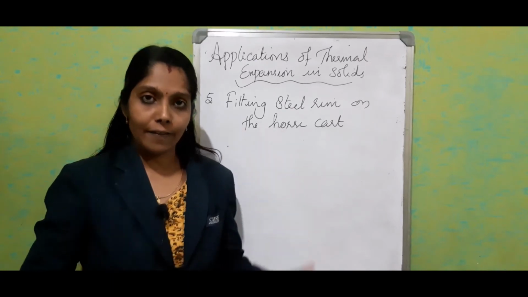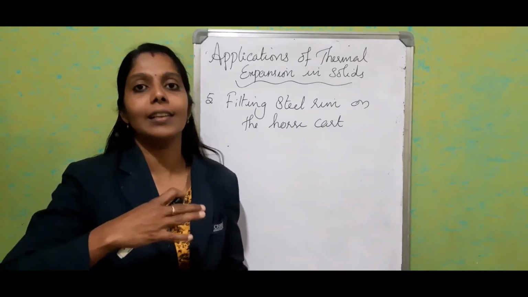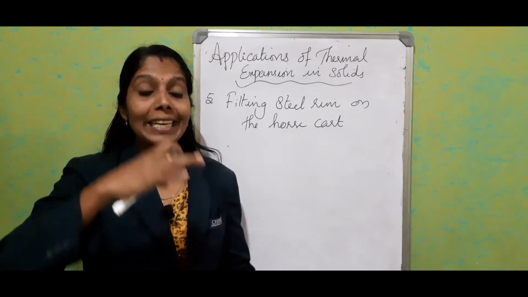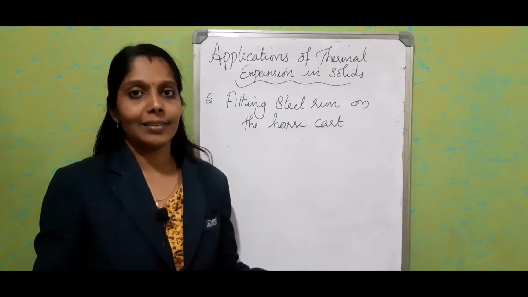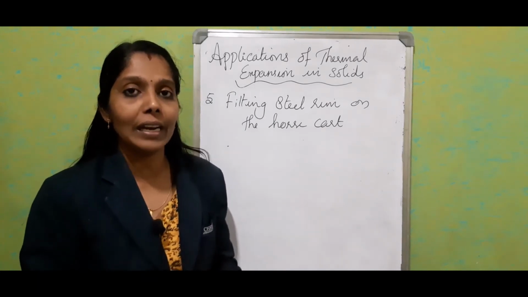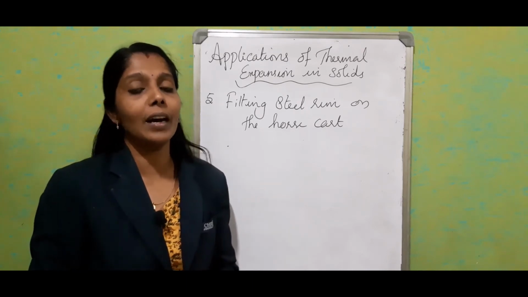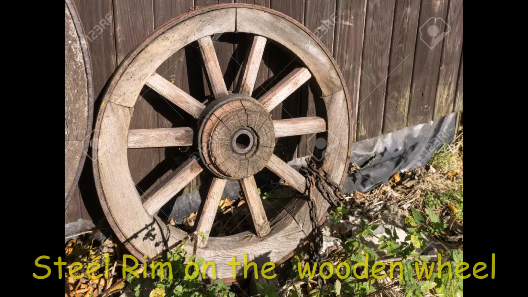So when it comes back to the original size, it will be fixed upon the wooden wheel. We don't need any other technique to fix the rim. It will be perfectly fixed upon the wooden wheel of the hose cart.